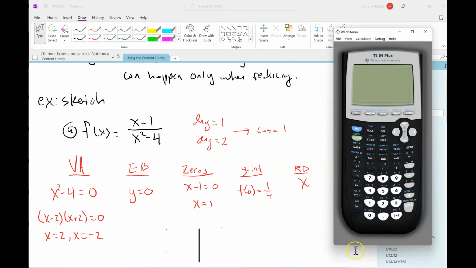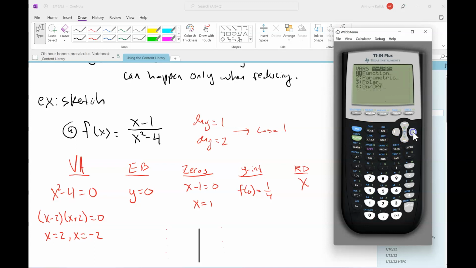Now, you could do this with a 4-function calculator just as easily as what I'm doing now. But Mr. Kulik is just going to try to be efficient since we're going to be plugging things in over and over and over to this function. I find the easiest way to do that is to type it into the y equals menu.